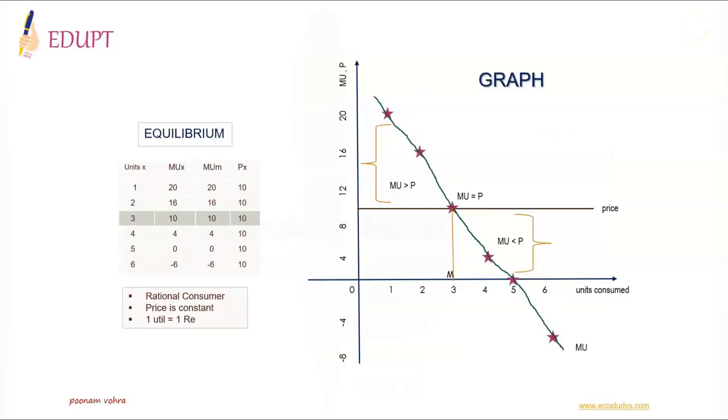Consumer's equilibrium can be shown diagrammatically too. For that, units consumed are taken on the x-axis, marginal utility and price on the y-axis.